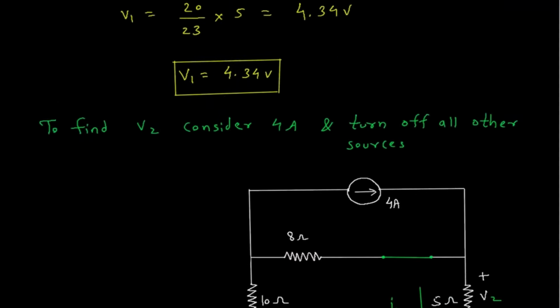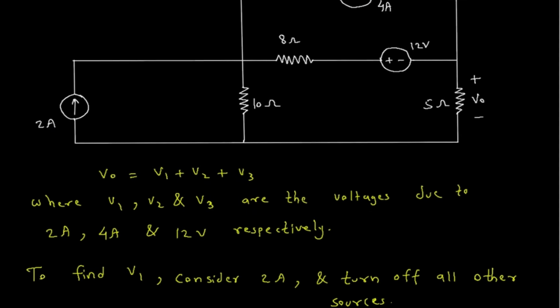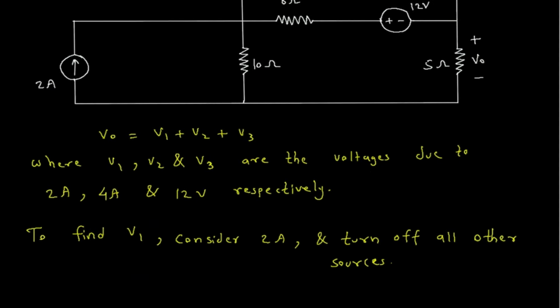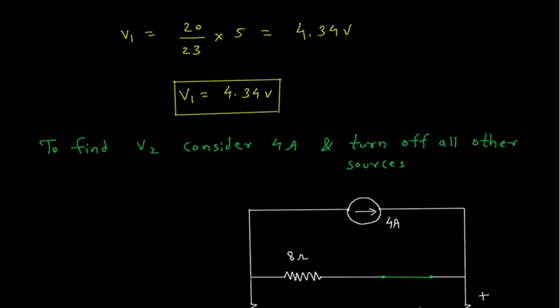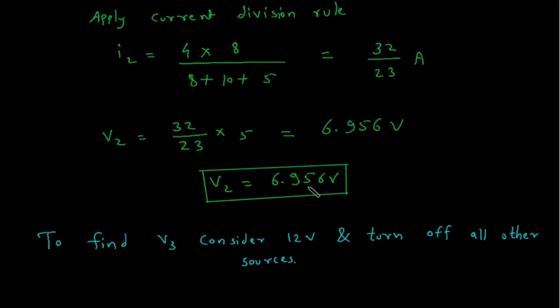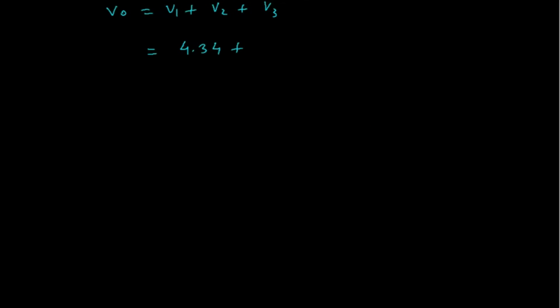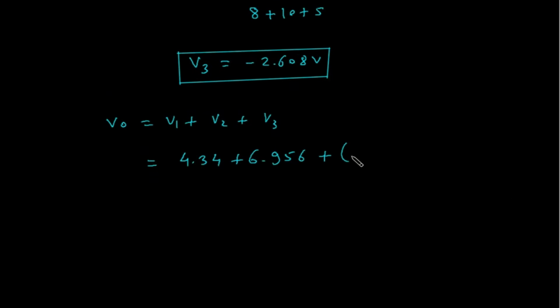Now we have the value of V1, V2 and V3. What we have to find? We have to find VO using superposition theorem. So VO is equal to V1 plus V2 plus V3. So V1 is equal to 4.34 volt, plus V2 is equal to 6.956 volt, plus V3 is equal to minus 2.608.